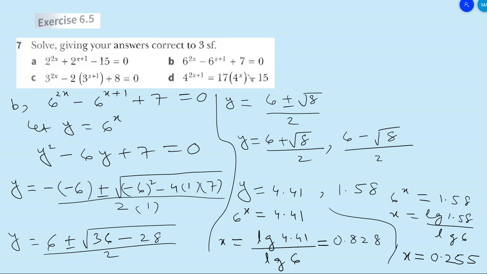So two answers: one is 0.828 and the second is 0.255. Hope you understand how to get two values of x. One is 0.828 and the other is 0.255. Okay, move to part C.